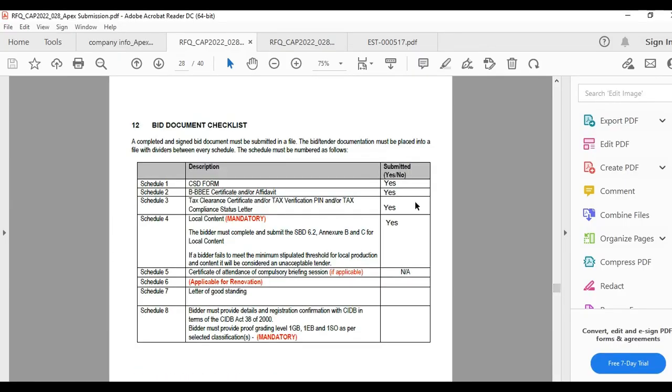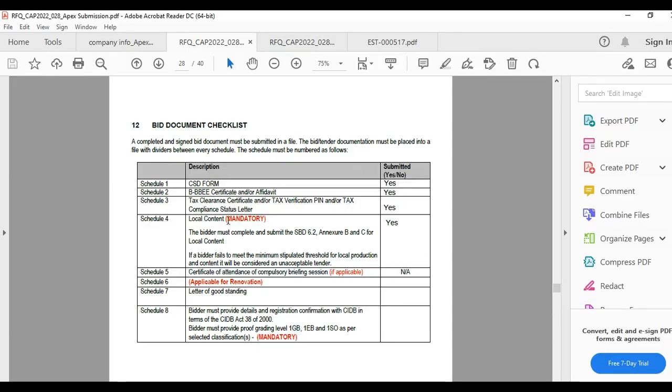This is the checklist that I was referring to earlier, where it tells you what documents need to be submitted with this tender. So like I said, a CSD form, a BE certificate or affidavit, a tax clearance certificate, local content which we have filled out. If there was a compulsory briefing session, then you would need to attach your certificate of attendance, letter of good standing, yes, and then this, I think this is for the NHLS to fill out.